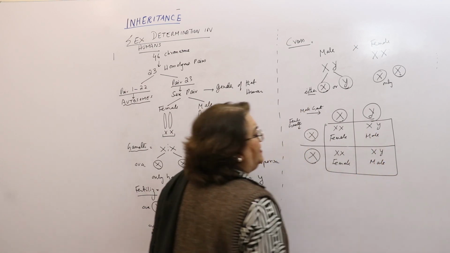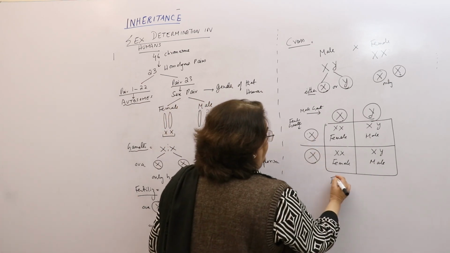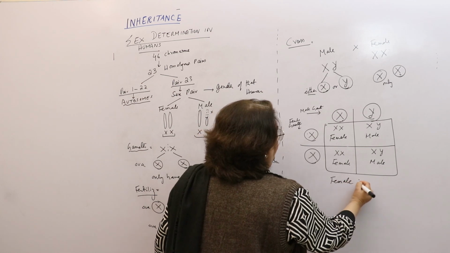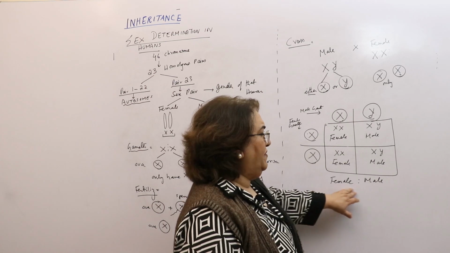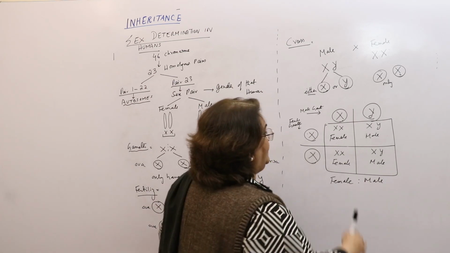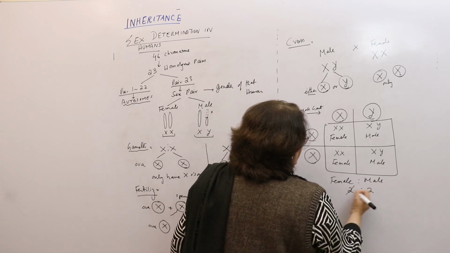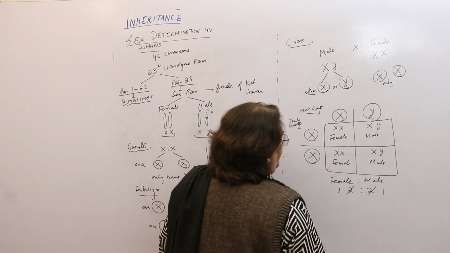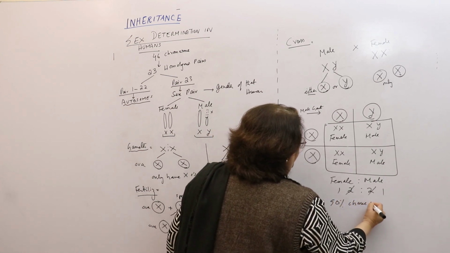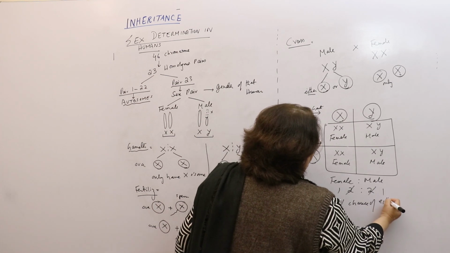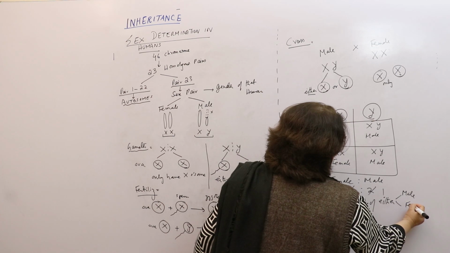Now, what is the ratio? If we take out the phenotype or genotype ratio, what do we discover? At every fertilization, the chance of the offspring being a female or a male is 2 and 2. So the ratio is 2:2, simplified as 1:1, or we can say a 50% chance of either a male or a female.